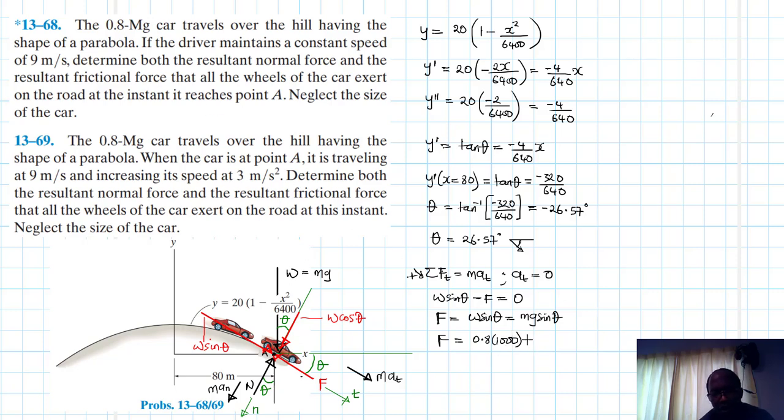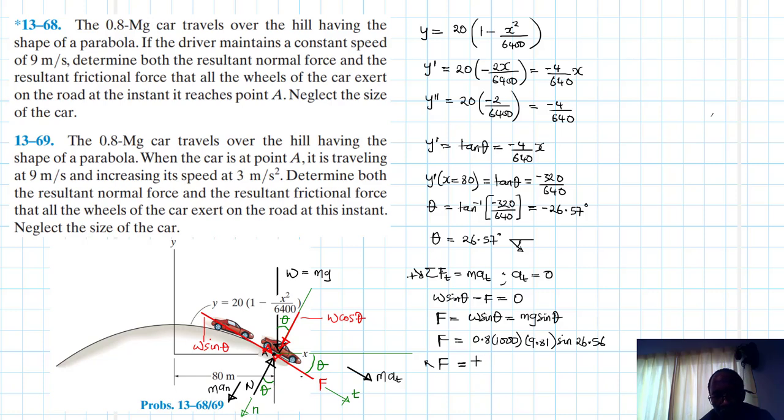So 0.8 by 1000 times 9.81, and then sine of the angle which we just calculated, which is 26.56. Therefore F, which is the friction force, and is going in that direction, is equal to 0.8 by 1000 times 9.81 times sine 26.557. Sorry.